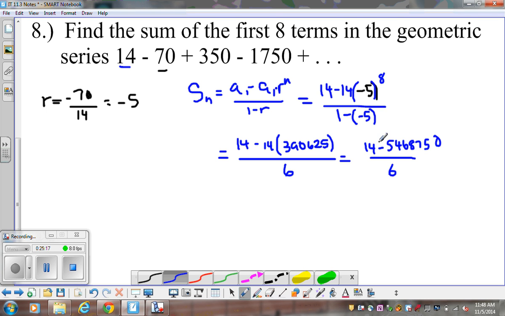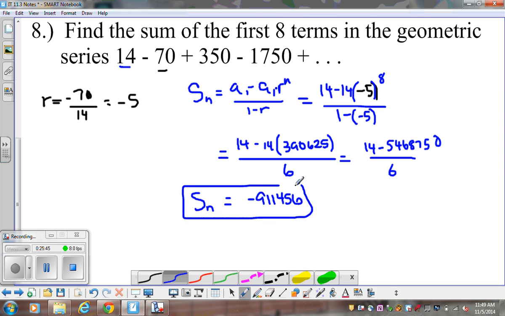So if I take 14 minus that 5 million number and divide it by 6, that's going to give me negative 911,456. That's the sum of the first 8 terms.